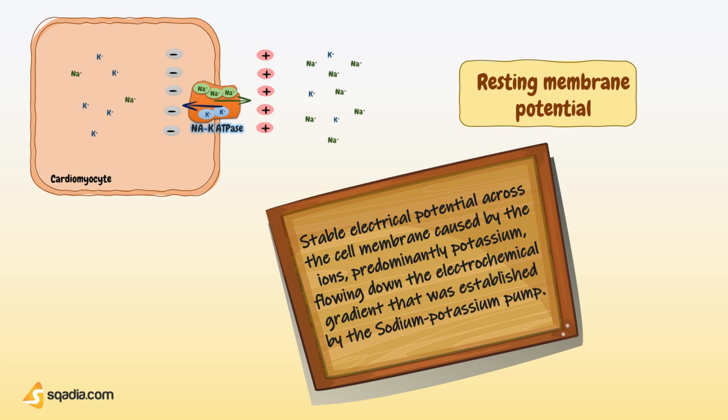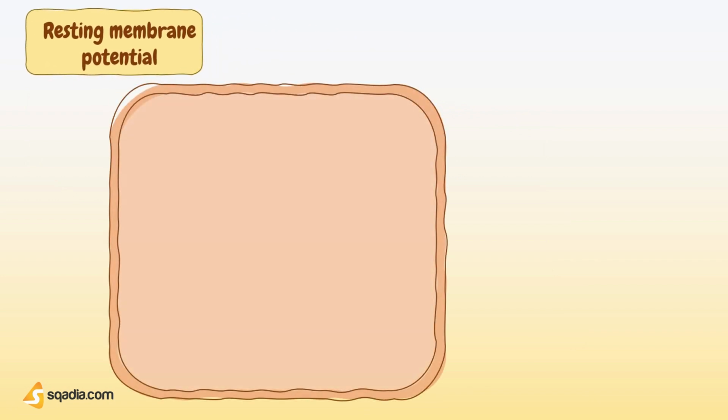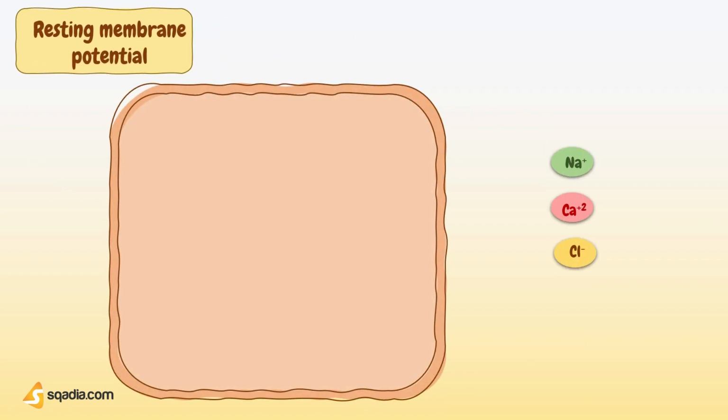Generally, when we talk about ions, we consider sodium, chloride, and calcium, that are higher in concentration outside the cell, and potassium, which is high in concentration inside the cell, and some other anions that are produced inside the cells, like proteins and amino acids.